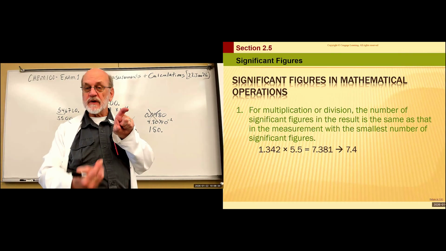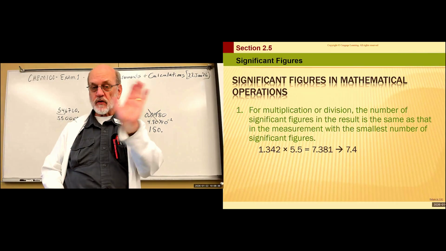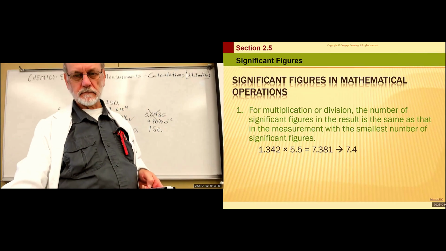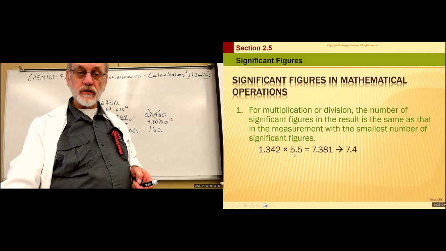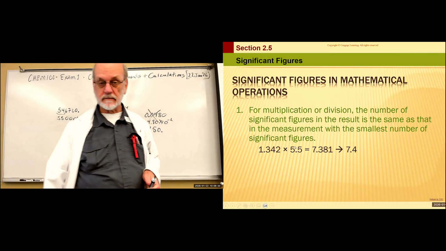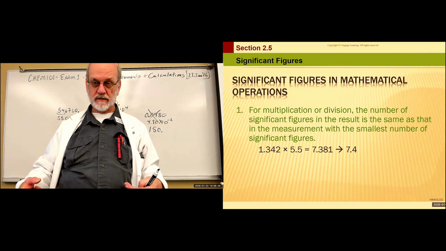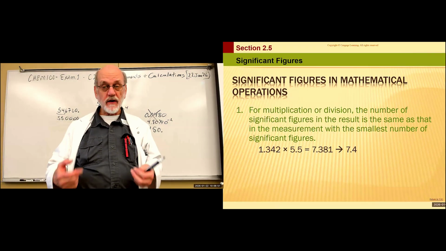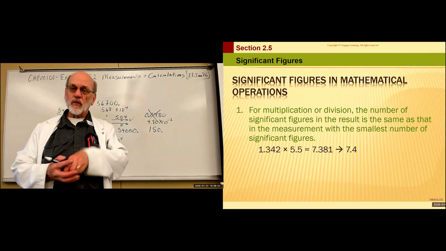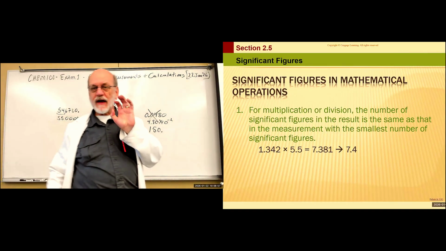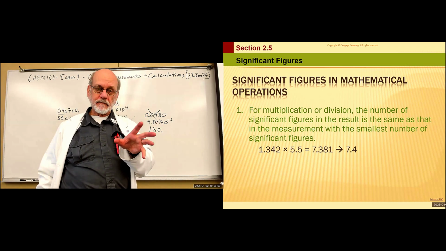That means 3 has to be bumped up to 4, and the rest goes away. And notice we don't keep the 8 or 1, because they are not significant anymore. They're not zeros, but in the calculation, they're not significant either because we can only keep 2. And that works for division as well.